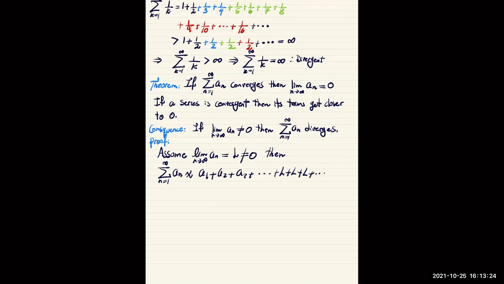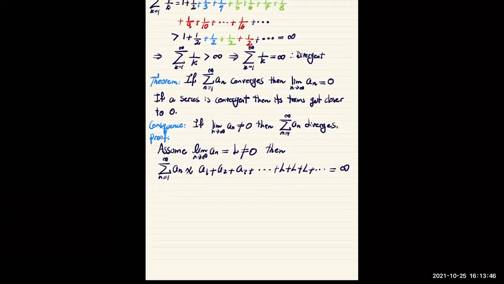You're adding a bunch of L to itself infinitely many times, so you get infinity, which is divergent. So again, if a series is converging, then its terms should get closer and closer to zero.